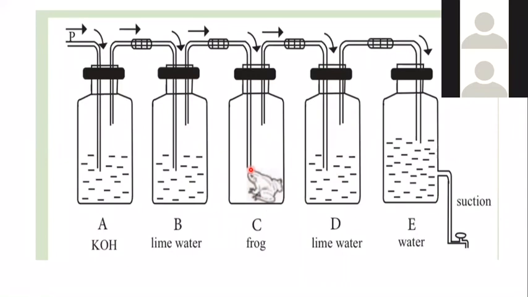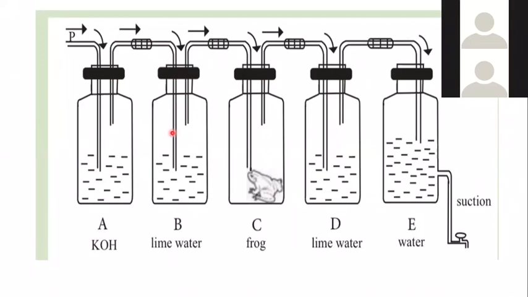So again, I will revise that. Now gas comes here. Then potassium hydroxide is there. Potassium hydroxide absorbs the carbon dioxide. So gas comes out from here, and carbon dioxide is not there.